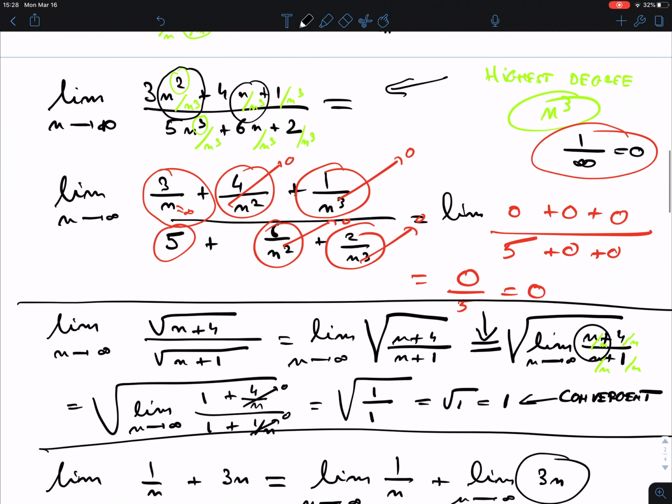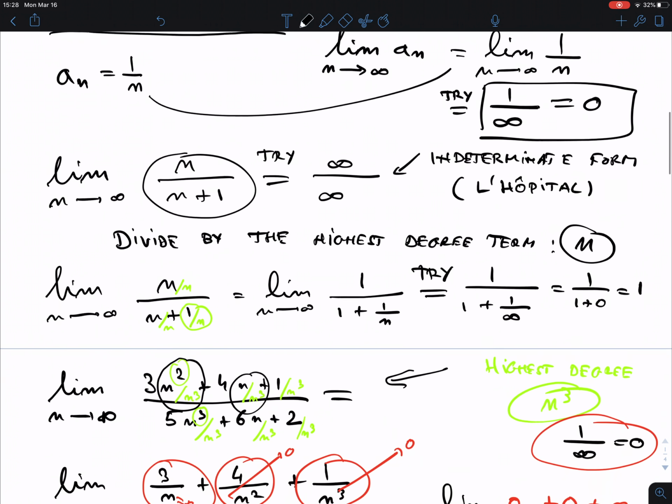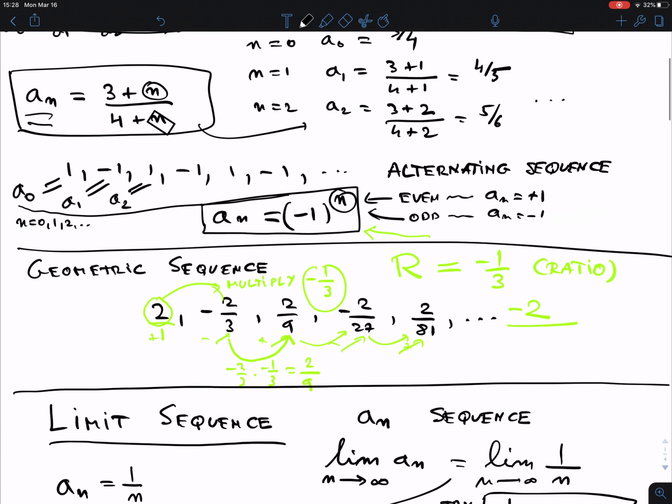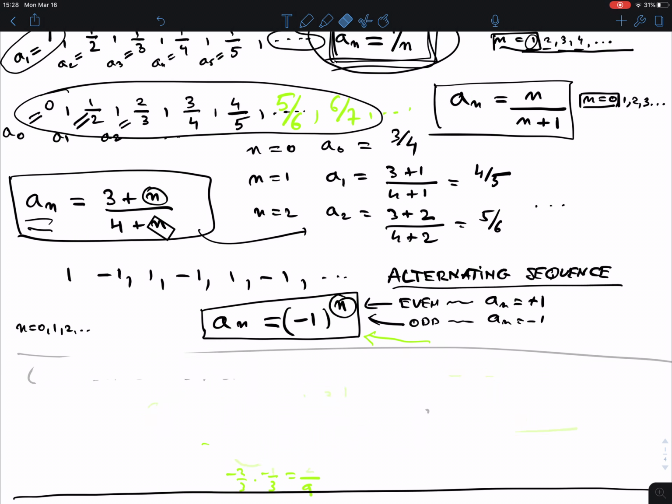As I said, there are some sequences that cannot be given by formulas and by functions. Let's go back to one of these very early ones that I discussed, let's look at this one here, the alternating sequence. We had a formula for it, but notice that this cannot be a function.